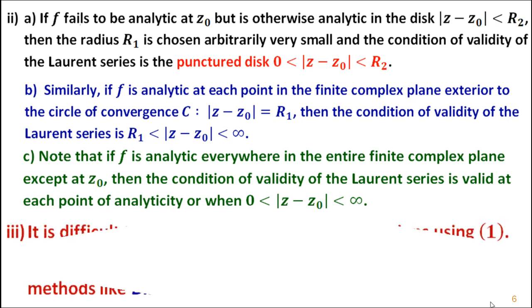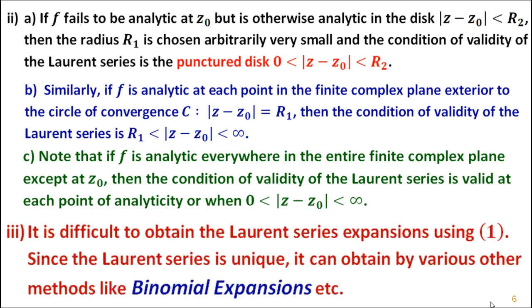So it is difficult to obtain the Laurent series expansions using equation 1. Since the Laurent series has a uniqueness property, it can be obtained by various other methods like binomial expansions, etc. Please remember, my dear students, we can express the Laurent series by using binomial series expansions.